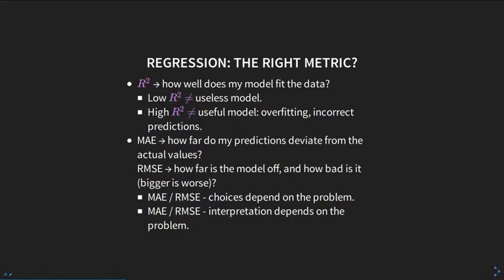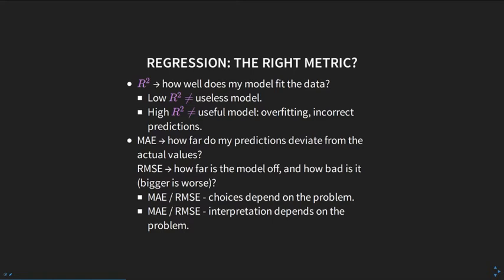So your training data might have been perfectly fitted, but then for any new data that comes in, you're making incorrect predictions consistently. So therefore, you always need to review your R2 score in combination with any errors and a very good sort of evaluation setup.